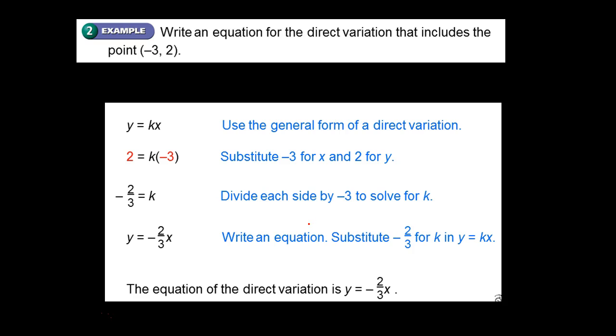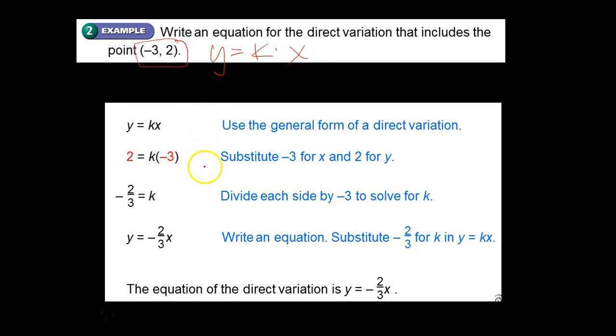When we do that, you're going to make it into your y equals k times x form. What you're going to do is plug your values in here. My y value is 2, so 2 equals k times my x, which is negative 3.